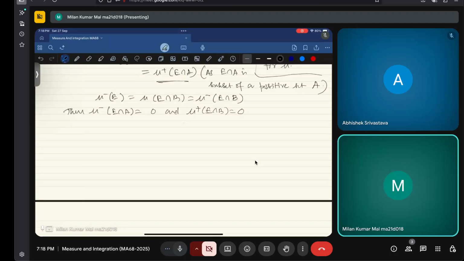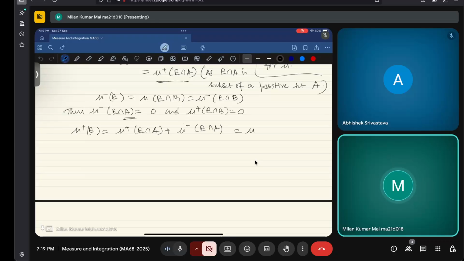Now mu plus of E is equal to mu plus of E intersection A plus mu plus of E intersection B, and mu minus of E intersection A is 0, so we are adding this.